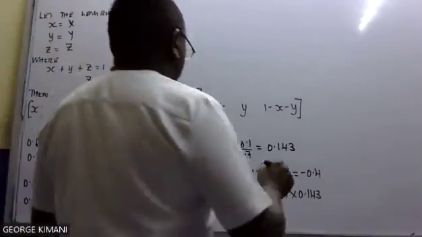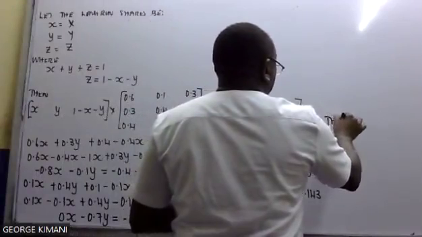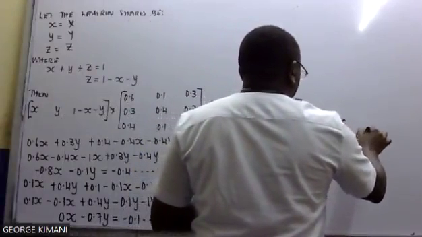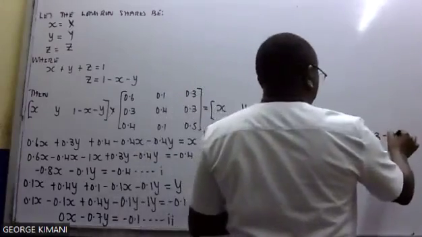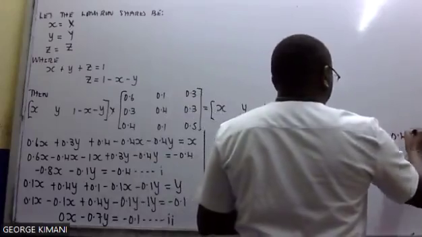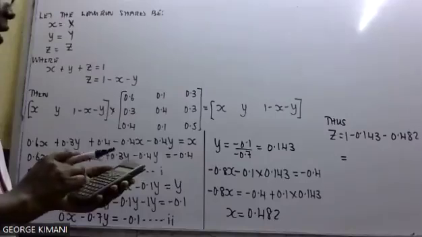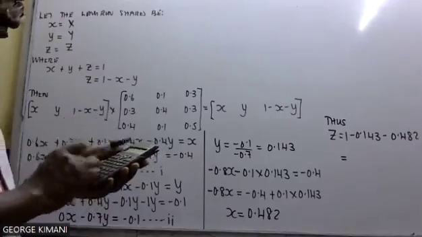So thus Z should be 1 minus 0.143 minus 0.482. So 1 minus 0.143 minus 0.482.